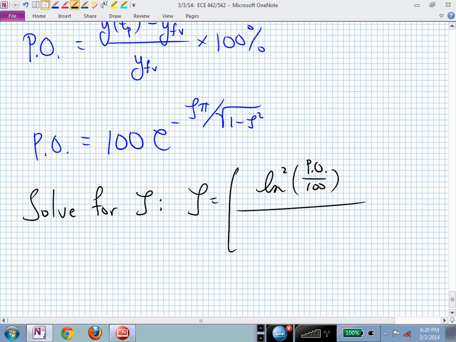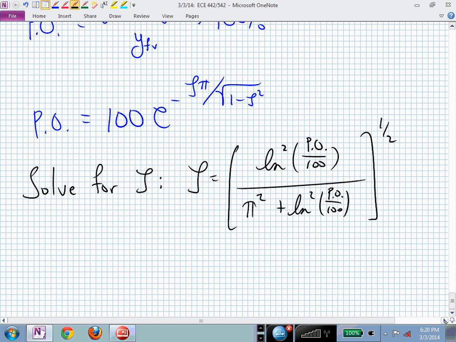So if you say I need a 20% overshoot, you now have the natural log of 0.2 squared divided by pi squared. And what's pi squared roughly? 10. So pi squared is about 10. So that's 10 plus natural log squared of percent overshoot over 100. And then don't forget to take the square root. That's now how you could numerically calculate the zeta value, your damping ratio, if you're given a percent overshoot.